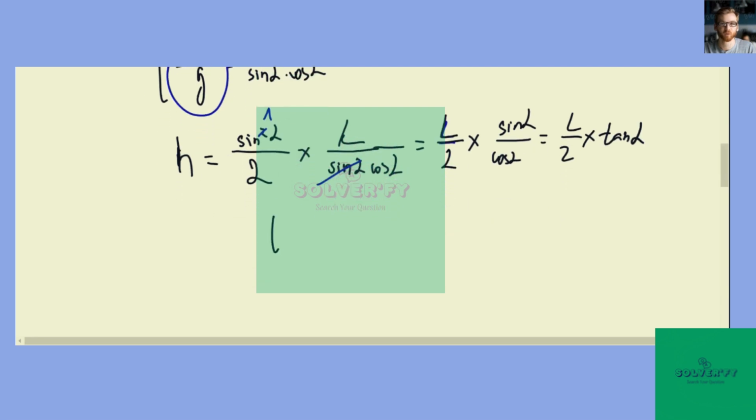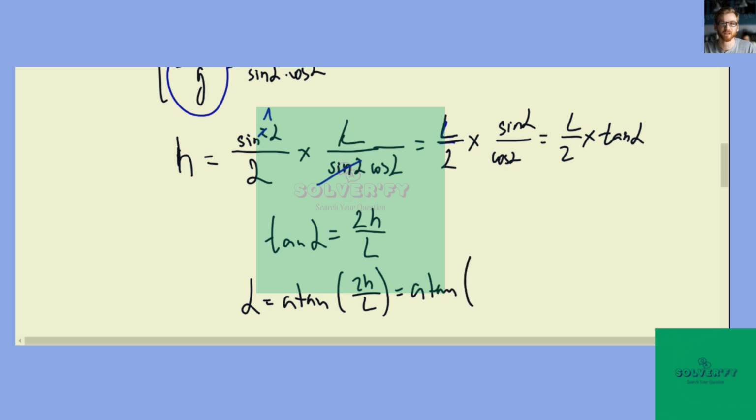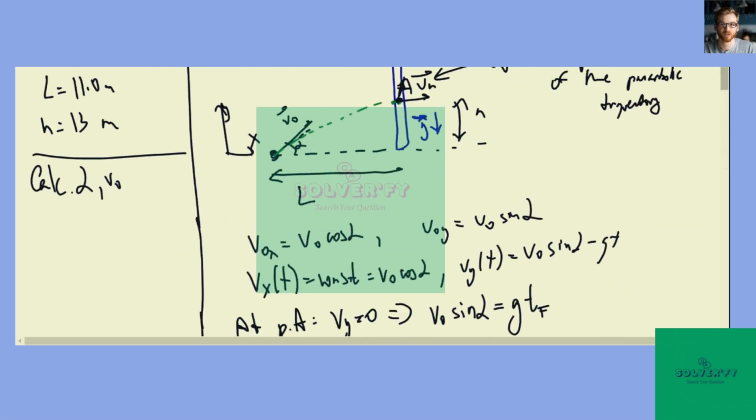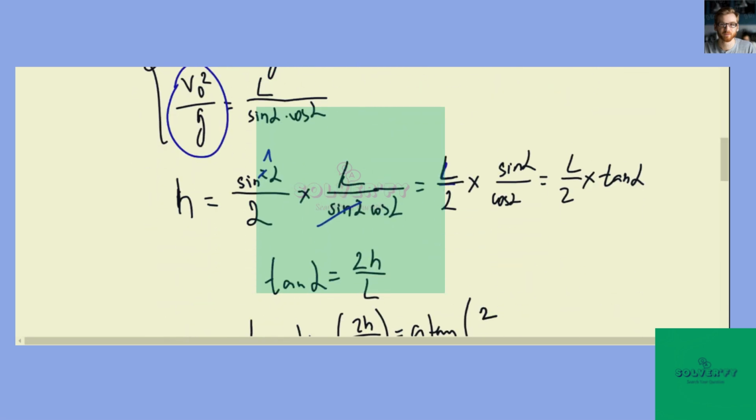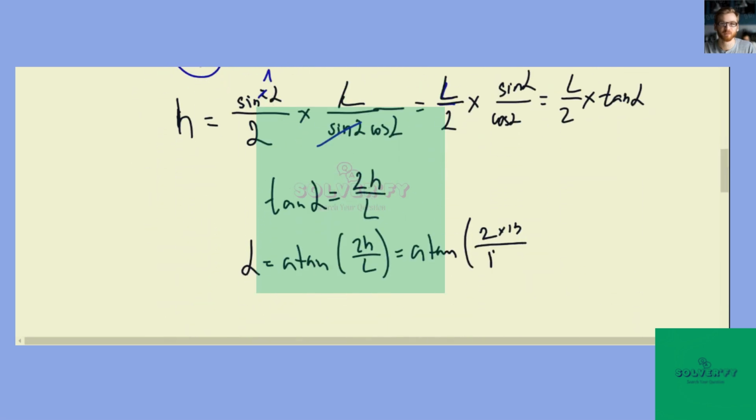Now we can calculate tangent alpha. Tangent alpha is 2h over L. Then alpha is the arctangent of 2h over L, or the arctangent of 2 times 13 over 11. Let's calculate it.